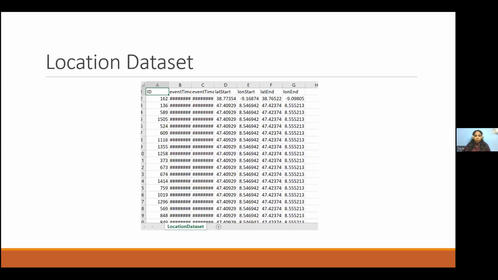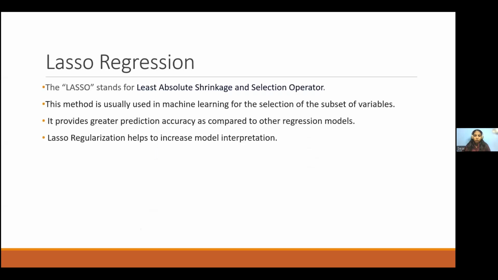Basically, we have been provided a location dataset where the attributes are ID, event time, event start and event end time, where the latitude start, longitude start, and longitude end are provided. The prediction of the future location is done on the basis of two algorithms: one is lasso regression and the other is the XGBoost algorithm.